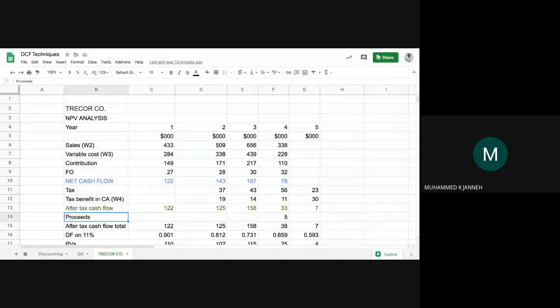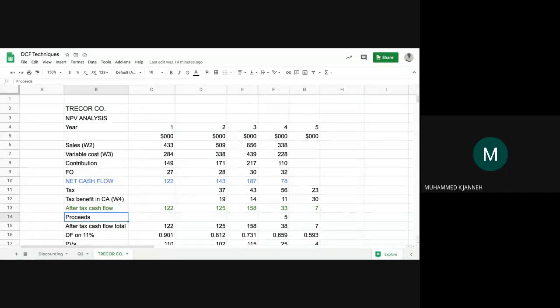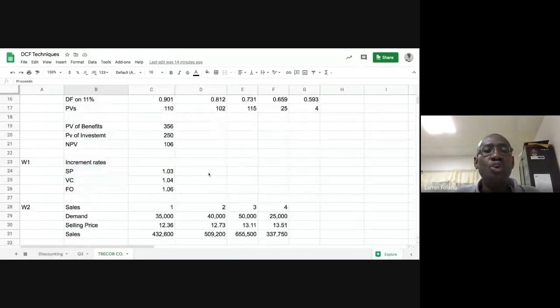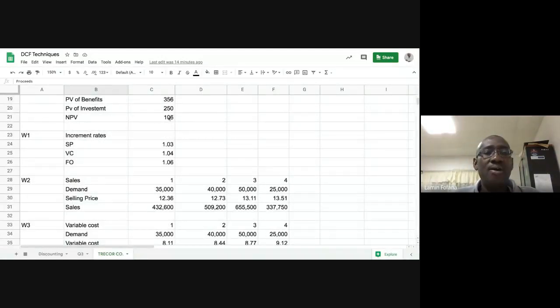And the comment part, the first part, to your solution. So you've calculated and your NPV is 106,000. Okay, 106,000 is your NPV. So you will say the net present value of this Treco Limited is 106,000.